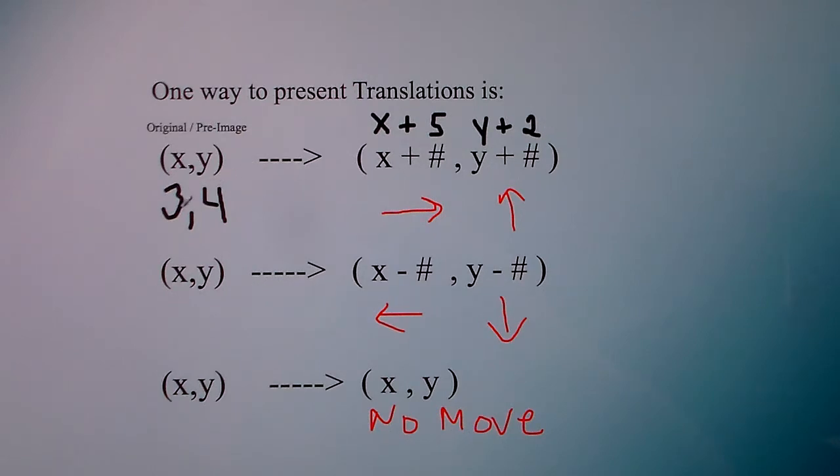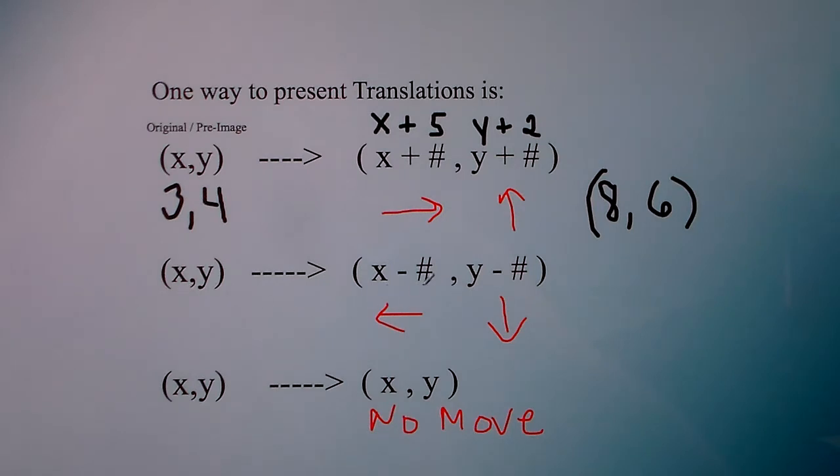So if we have the coordinate (3, 4), and I'm moving to the right 5 and up 2, we do 3 plus 5, which gets us 8, and 4 plus 2 gets us 6. So that coordinate (3, 4), if it goes through the translation of x plus 5, y plus 2, is going to wind up at (8, 6).